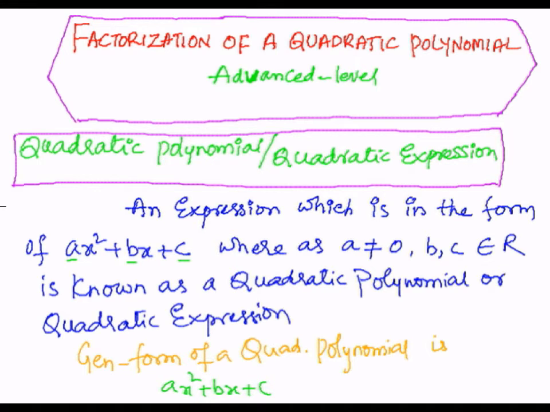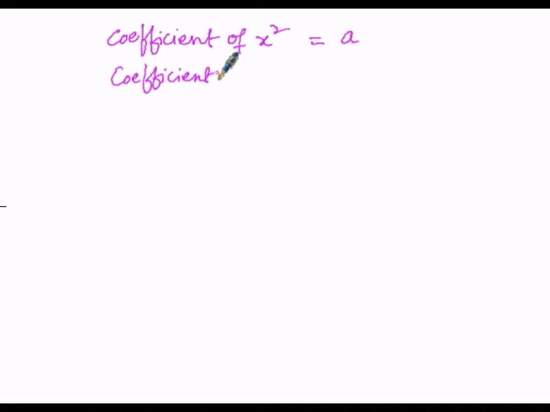So here the coefficient of x square in ax square plus bx plus c is equal to a. Similarly, the coefficient of x is equal to b, whereas the real constant or real number is nothing but the c.